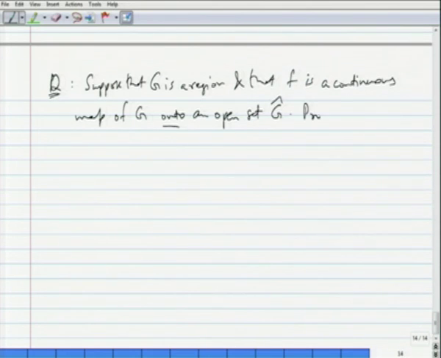Prove that G hat is a region. It is given to be an open set. So, show that it is actually a region, which means you have to show that it is connected.